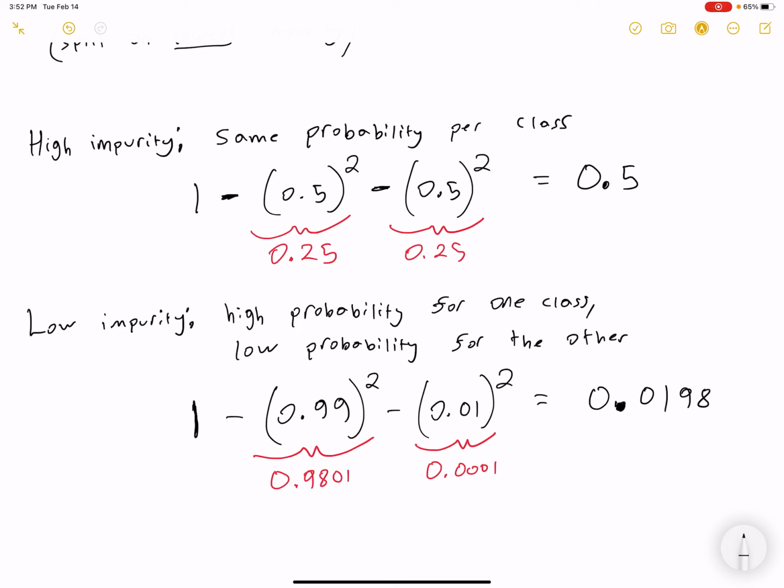And so therefore, if you subtract this really large number from 1, the square of it's going to be much greater than the square of this smaller number.